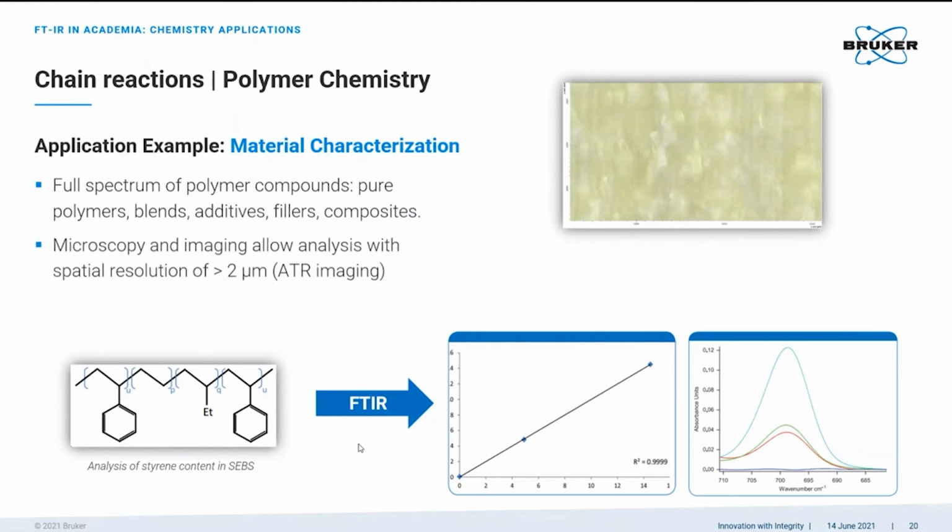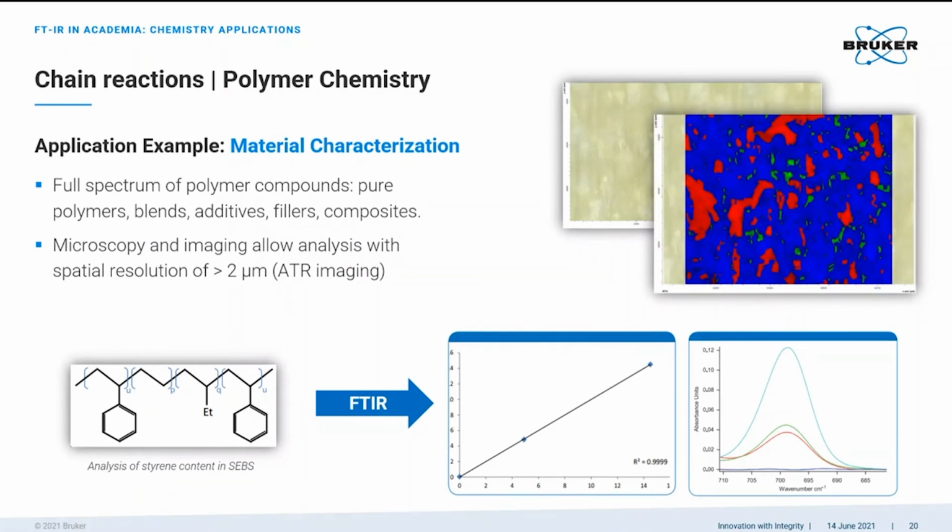FTIR microscopy perfectly combines visualization of the sample surface and chemical imaging with high spatial resolution of 2 micron using ATR imaging, because every imaging pixel relates to a corresponding FTIR spectrum.